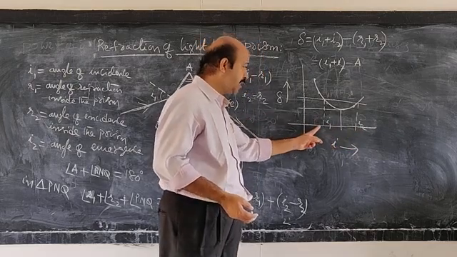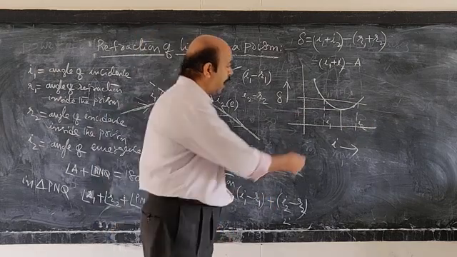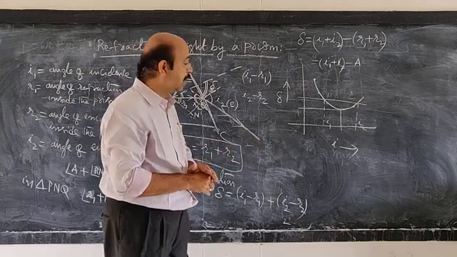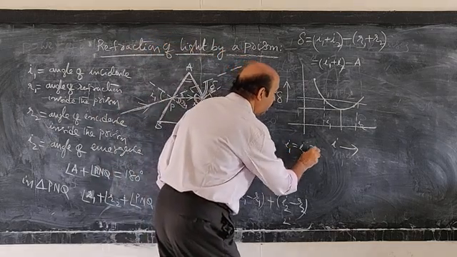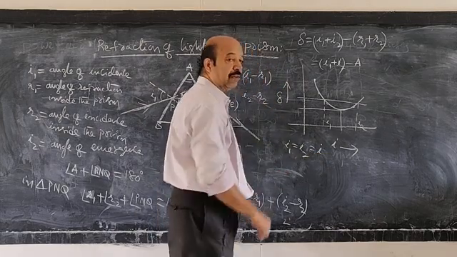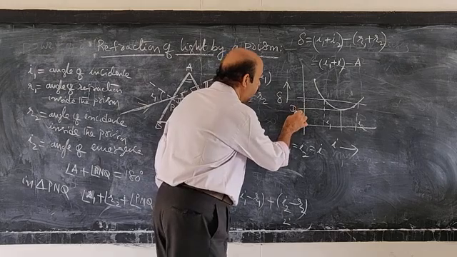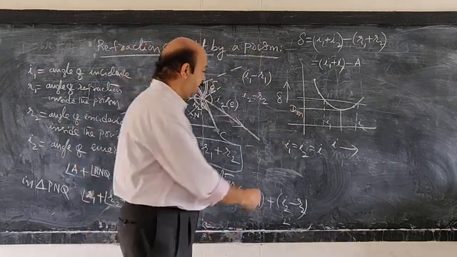For angle of incidence I2, you will get angle of emergence I1, but at a particular minimum angle of deviation, they become equal. That is, I1 and I2 become equal for a particular angle of deviation, which we call the angle of minimum deviation.